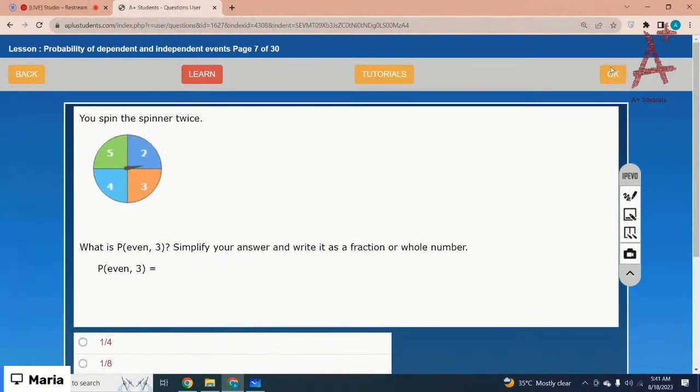You spin the spinner twice. What is the probability of even and probability of 3? Probability of even is 2 of the numbers are even, 2 out of 4. Probability of 3 is 1 out of 4.